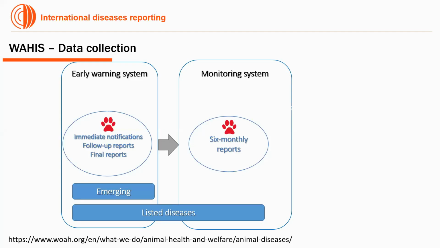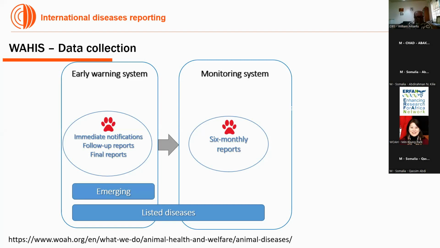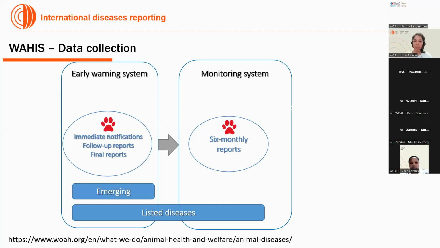Okay, let me start with just a reminder of the data collection process through the World Animal Health Information System of WOAH. So through these systems, members are asked to comply with legal reporting obligations as members of WOAH. So as such, members are asked to provide information through different channels through WAHIS.